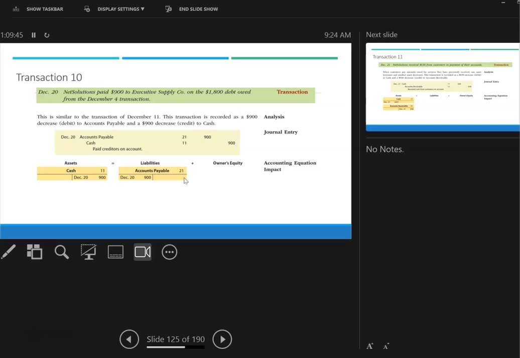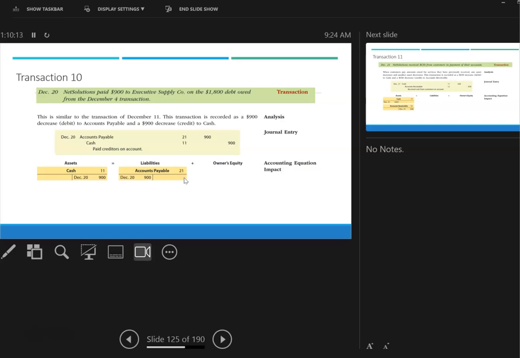Net Solutions paid $900 to Executive Supply Company of the $1,800 debt owed from the December 4th transaction. What are we doing here, guys? We're paying down a liability. Exactly. So we use up our cash.